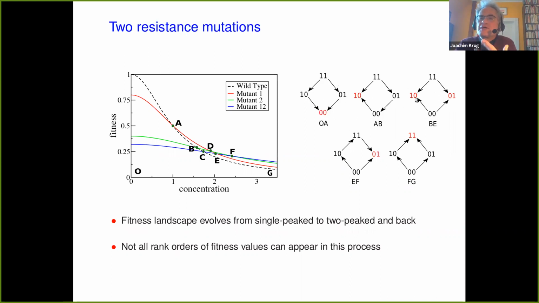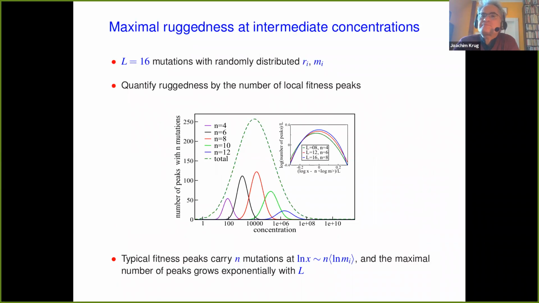And this is the key point, that as you change the concentration, this fitness landscape becomes more and more rugged at some intermediate concentration, and at large concentration, it again becomes simple, in the sense that only the maximum number of mutations gives you something that can survive. And this you can numerically generalize to an arbitrary number of mutations. So this is a simulation for 16 mutations.